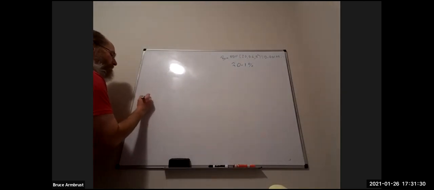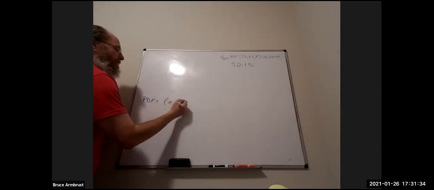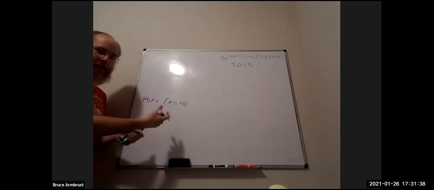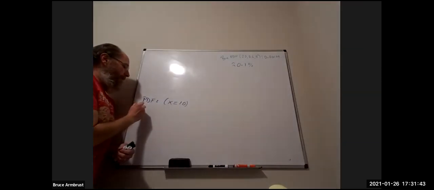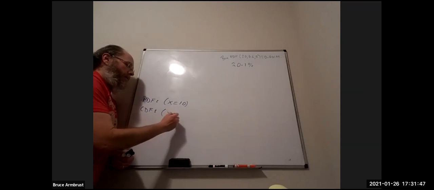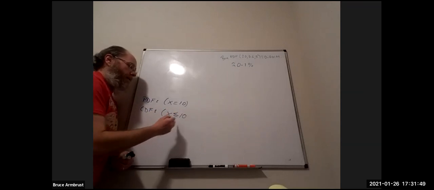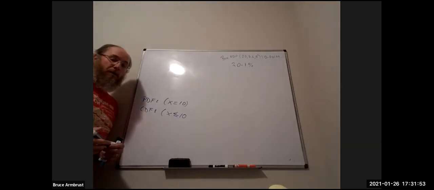So again, when we had PDF, we use that when X equals a number. I'm just going to put 10 there, but it could be X equals 4, X equals 3, whatever. The CDF command gives you less than or equal to 10.